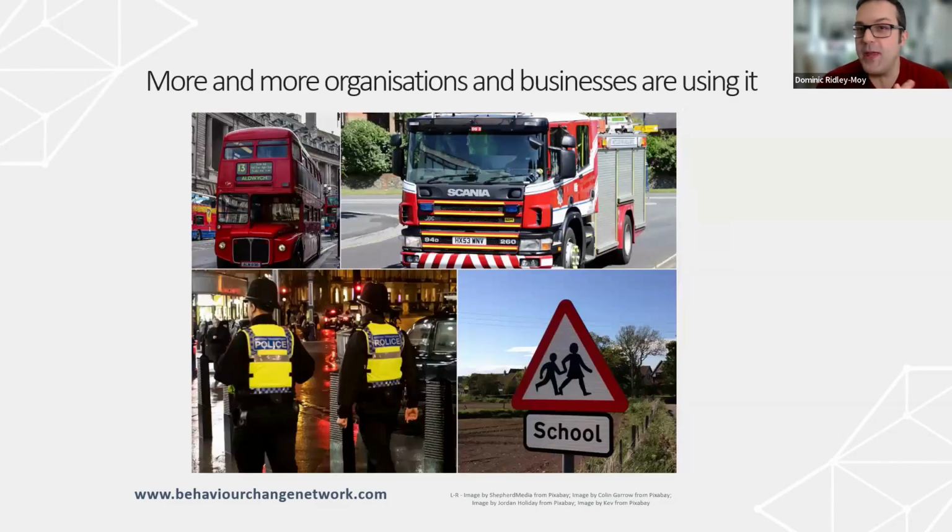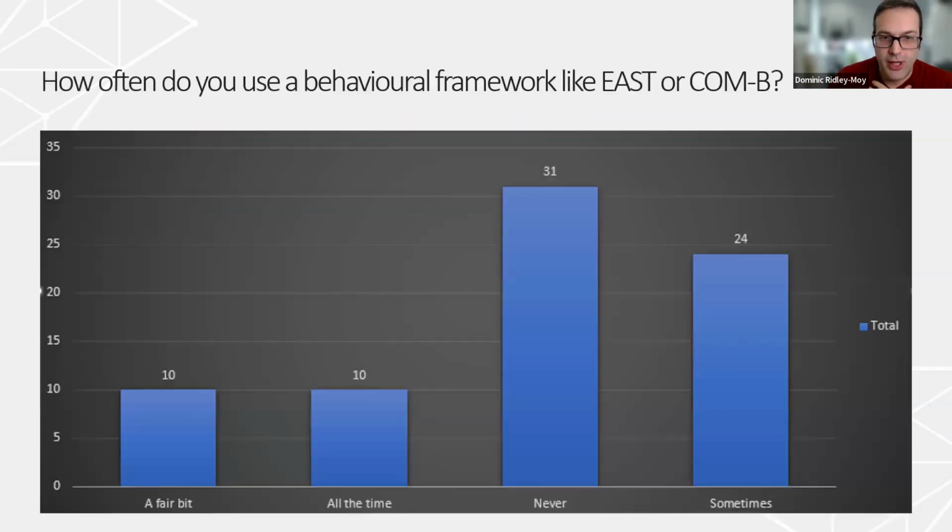More and more organisations are using behavioural science, which is clearly a good thing, and it's getting much more embedded in the public sector. Lots of people are using it in central government, and more people are using it elsewhere. In the sign up form for this webinar, one of the questions we asked you was, how often do you use a behavioural framework like EAST or COM-B?